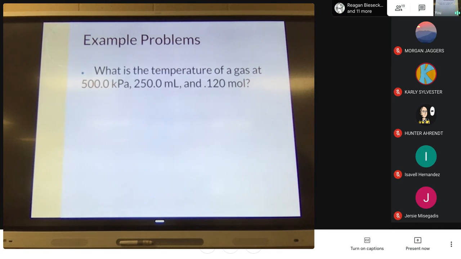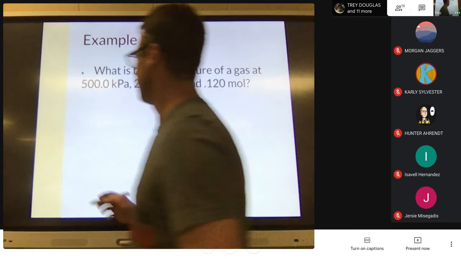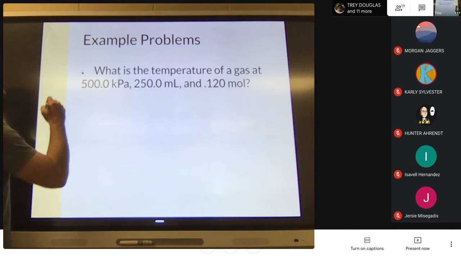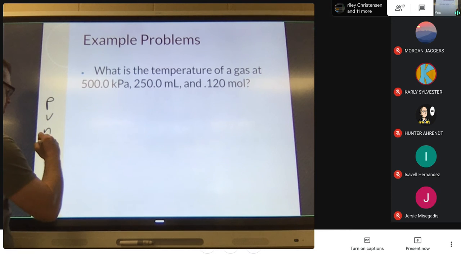Let's try another one. What is the temperature of a gas at 500 kPa, 250 milliliters, and 0.120 moles? Okay, so now we're looking for temperature. So I'm going to go ahead and list over here if everything is legit.